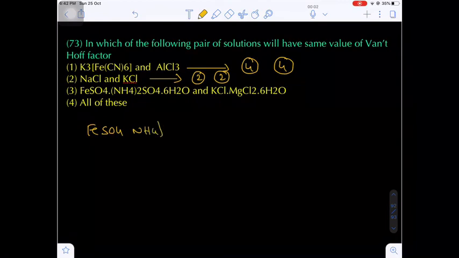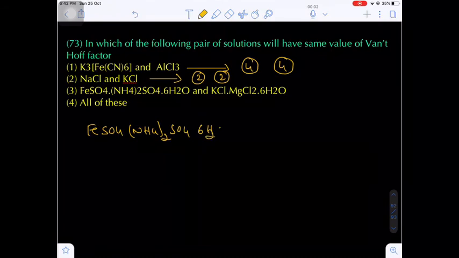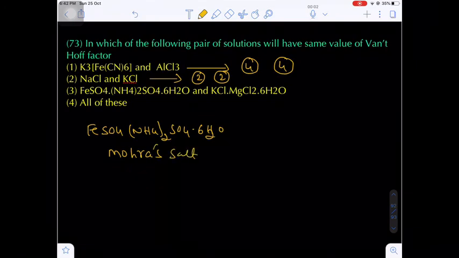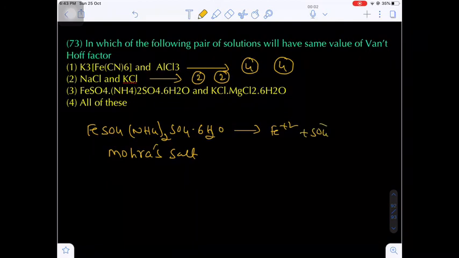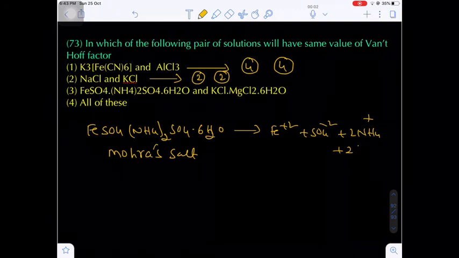FeSO4(NH4)2SO4·6H2O. This is known as Mohr's salt. Which salt? Mohr's salt. Are you getting my point? When Mohr's salt dissociates in aqueous medium, it gives Fe2+ ion, sulfate ion, ammonium ions, and also 2 more ammonium ions and one more sulfate ion.